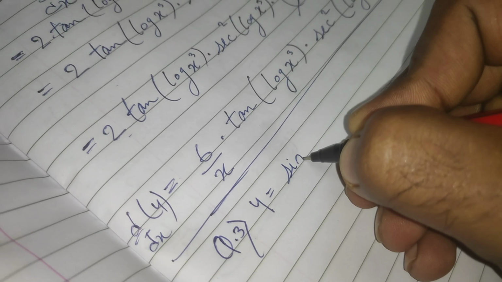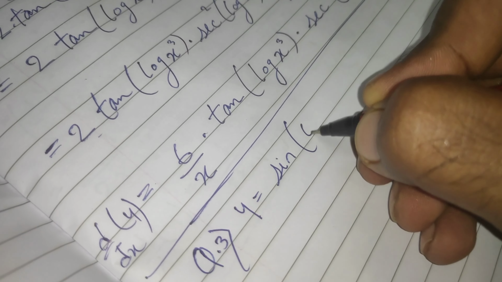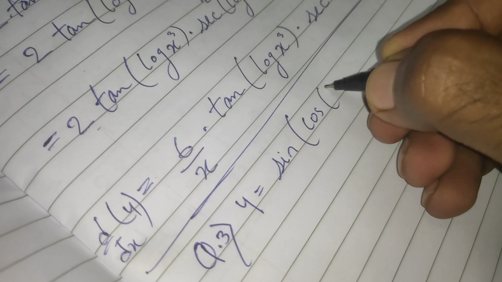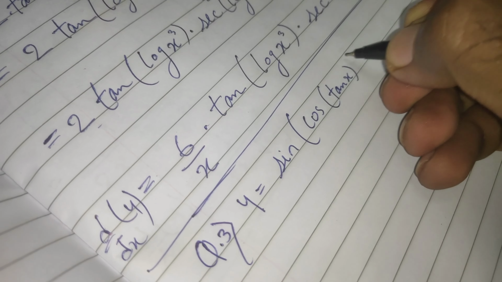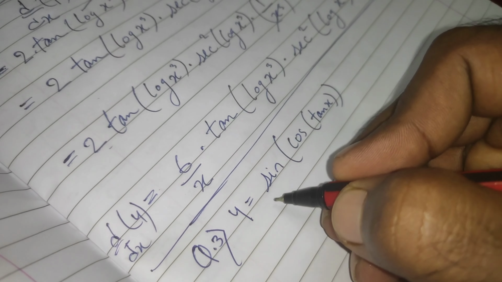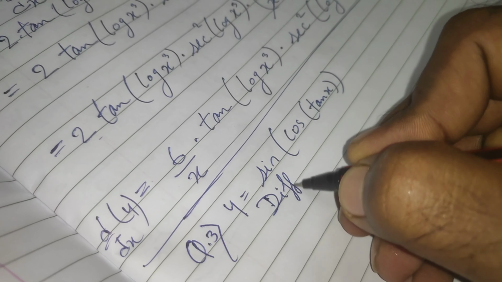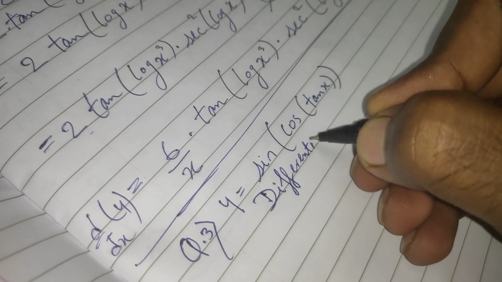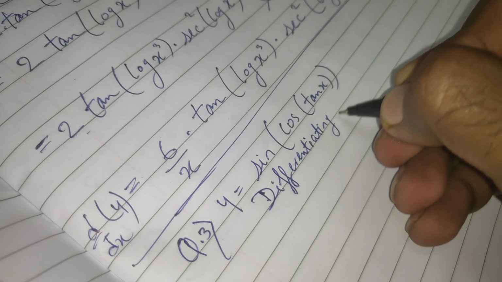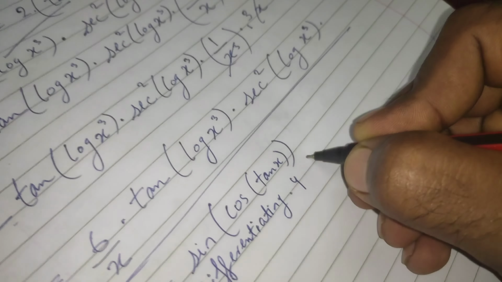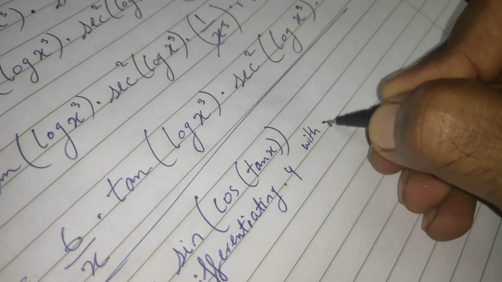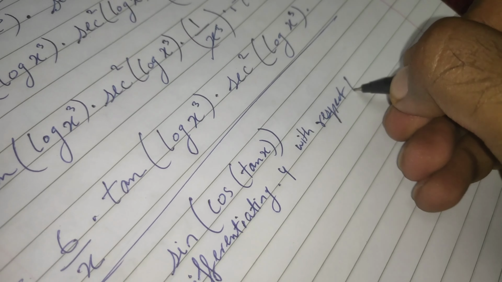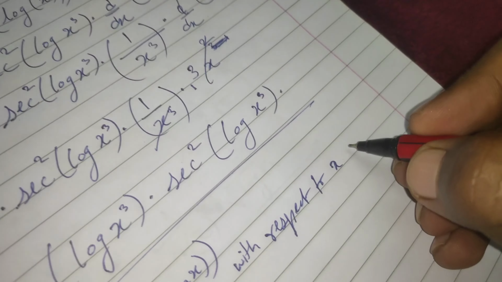y equal to sine bracket cos bracket tan x. Okay, so again differentiating y with respect to x on both sides, I have to write the steps because these steps carry marks. You have to write step by step to get good marks.